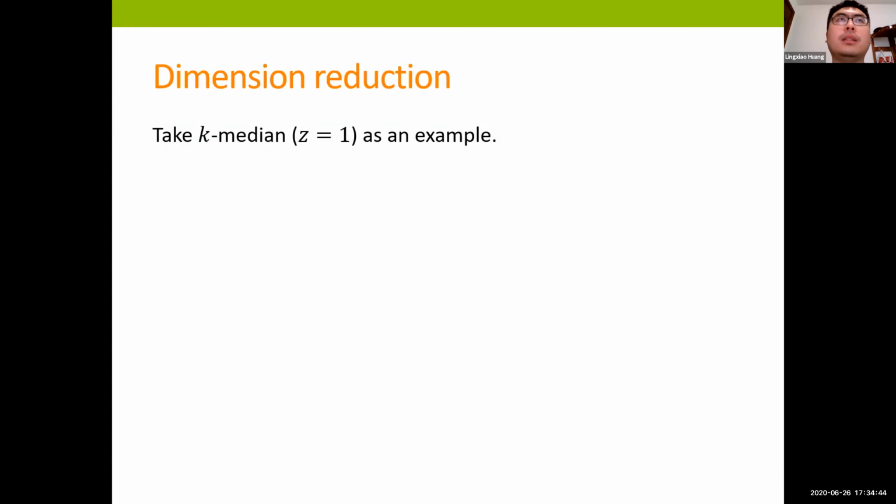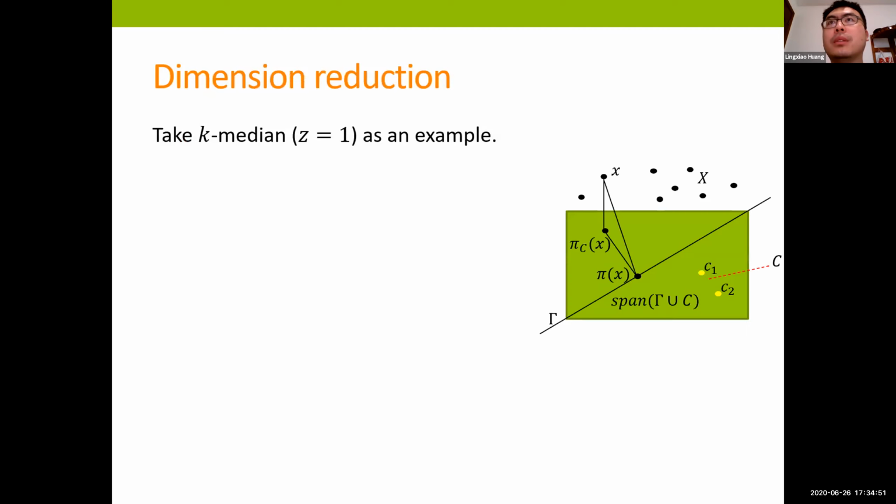The idea is to apply dimension reduction. We take k-median, z equal to 1, as an example. This line gamma is a subspace, and we define pi x to be the projection of a point x to this subspace gamma. Consider an arbitrary k center set C, and this plane is the span subspace of gamma and C. We define pi_C x to be the projection point of x to this subspace.